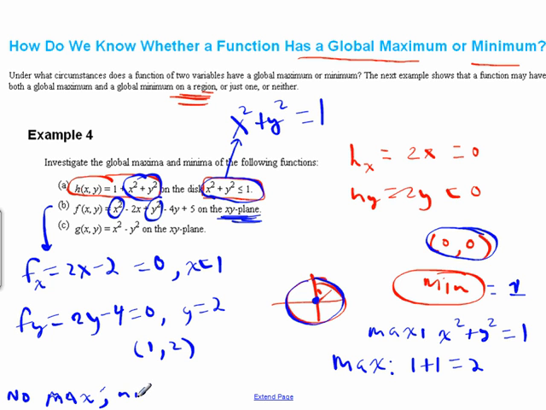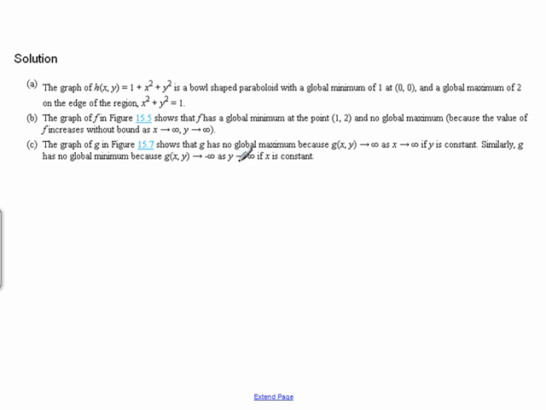So our minimum value would be f of 1 comma 2, and then we could just plug that in. So this is just reiterating what we just looked at before.